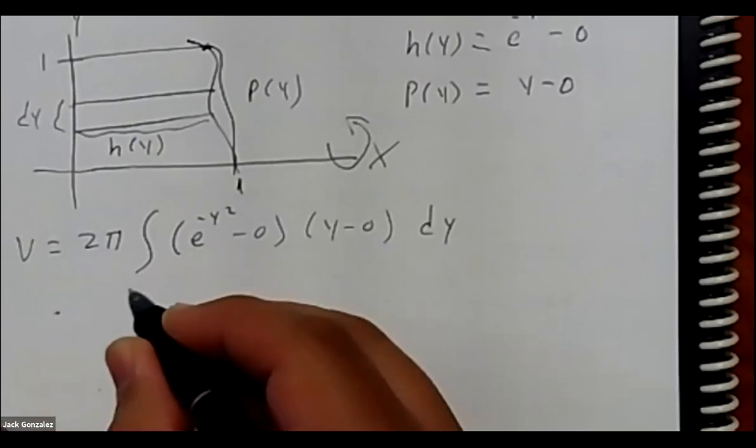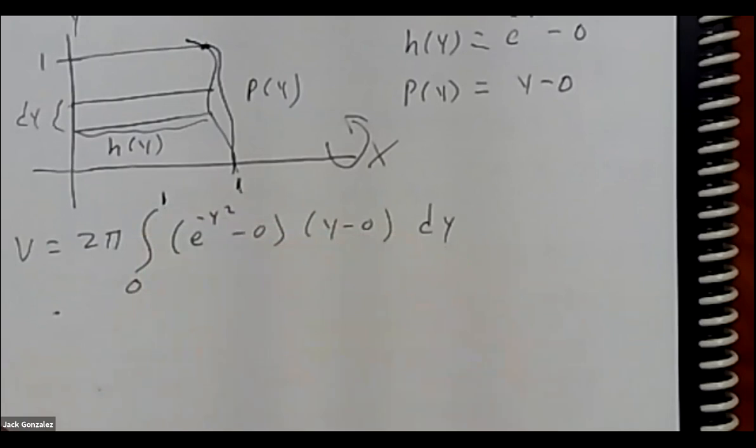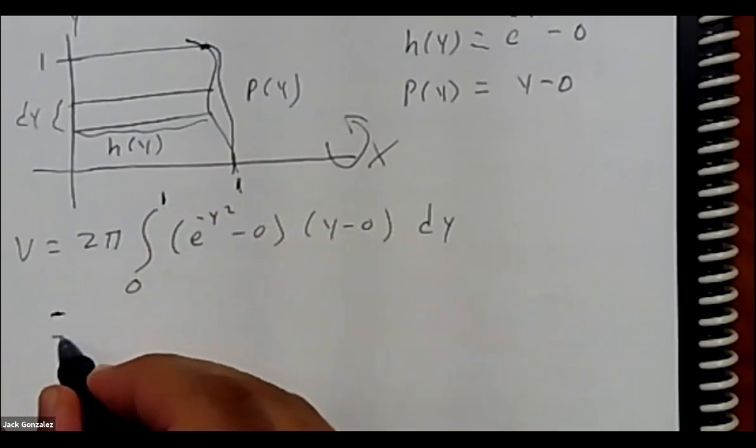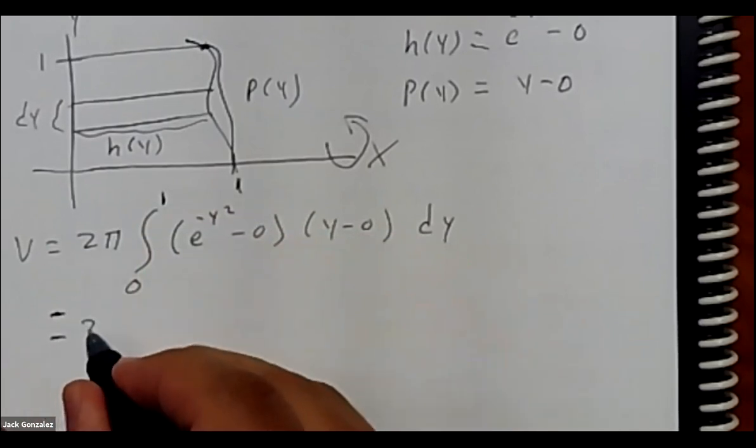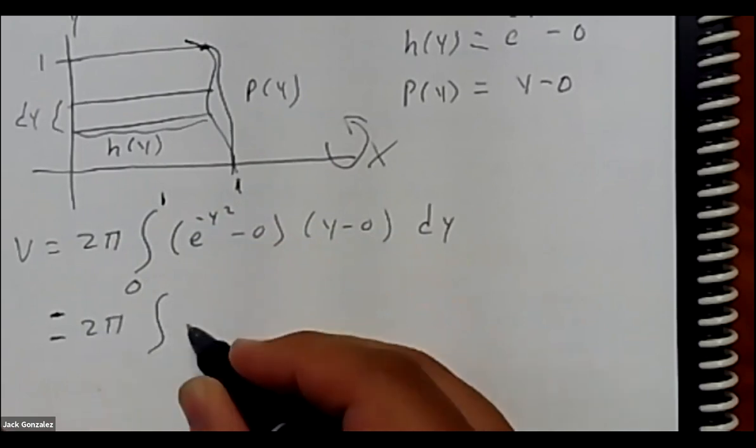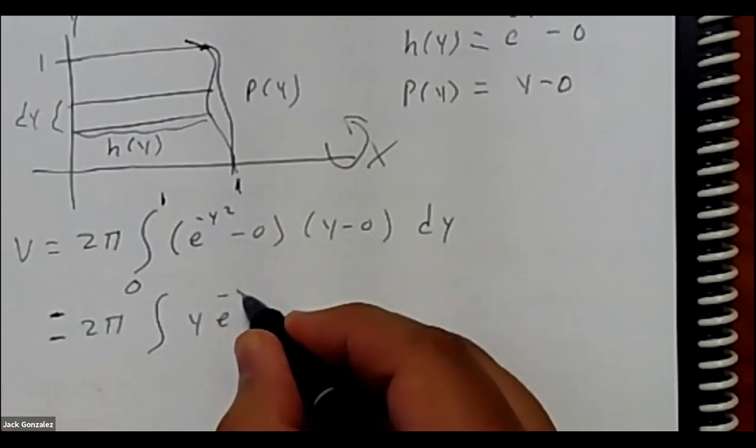The integral will be 0 to 1 because we're doing dy. So this is 2 pi times the integral of y e to the negative y squared.